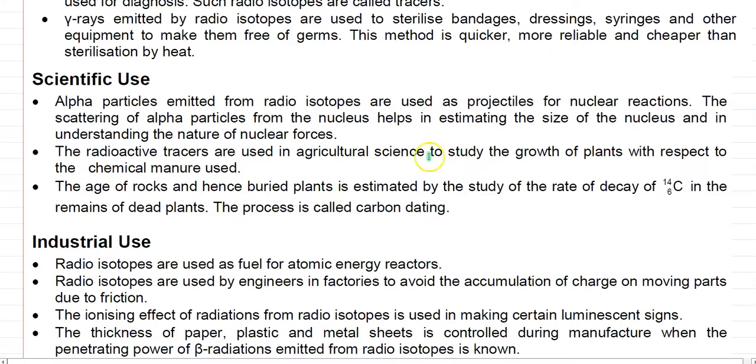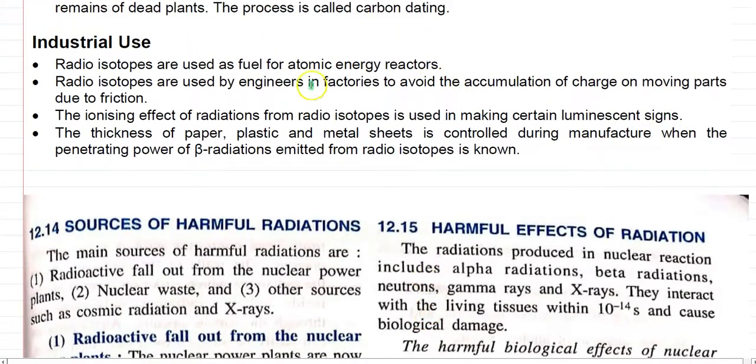Okay, and the age of rocks or buried plants is estimated by studying the rate of decay of C14. Okay, the process is called carbon dating. Industrial usage. Radioactive isotopes are used as fuel for atomic energy reactors. Radioactive material is used by engineers in factories to avoid the accumulation of charge in moving parts due to friction.